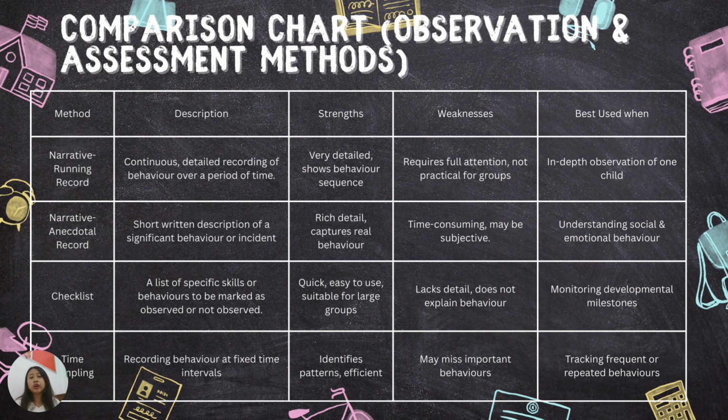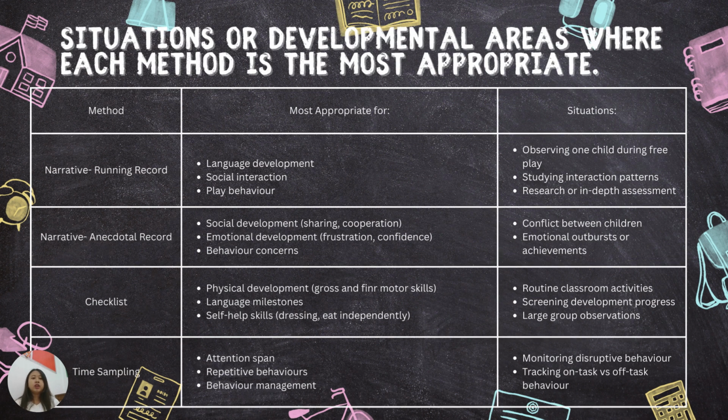Time sampling records the behavior of a child at fixed time intervals. It can identify patterns and is more efficient, but it might miss a lot of important behaviors. Time sampling is best used when tracking frequent or repeated behavior.